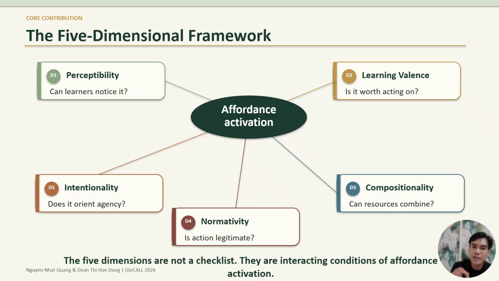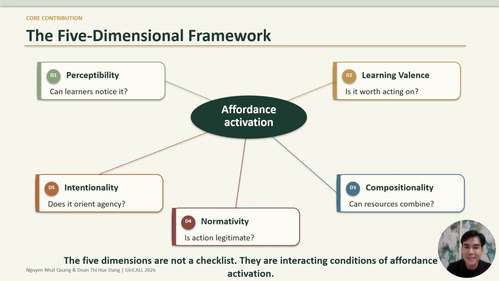Third, compositionality. Can learners combine this opportunity with other resources such as peers, examples, teachers, feedback, AI tools, memories, or prior knowledge? Fourth, normality. Is the action legitimate within a classroom culture? Fifth, intentionality.